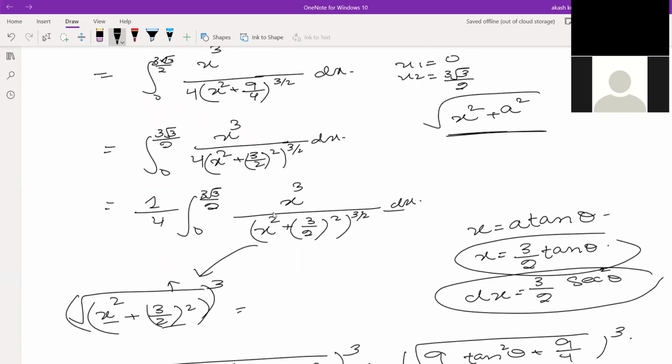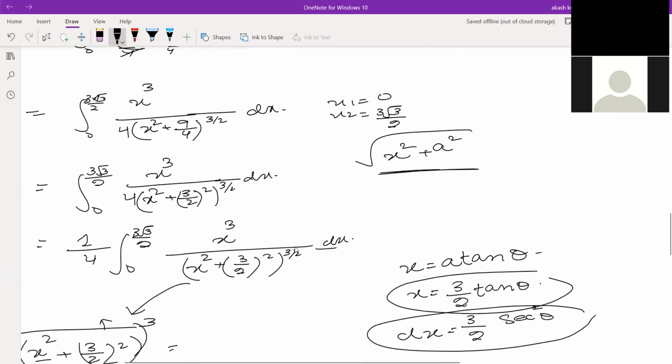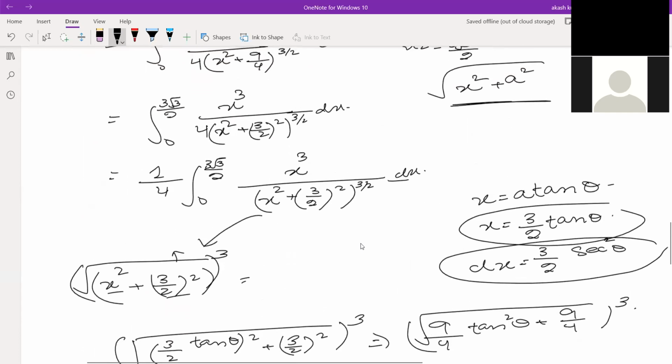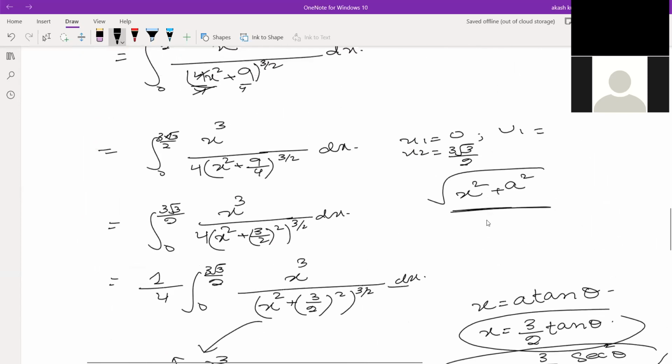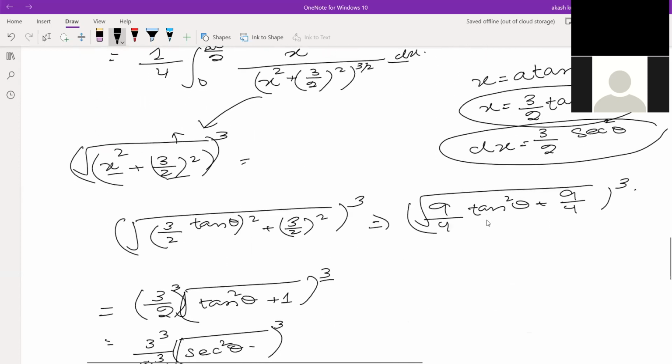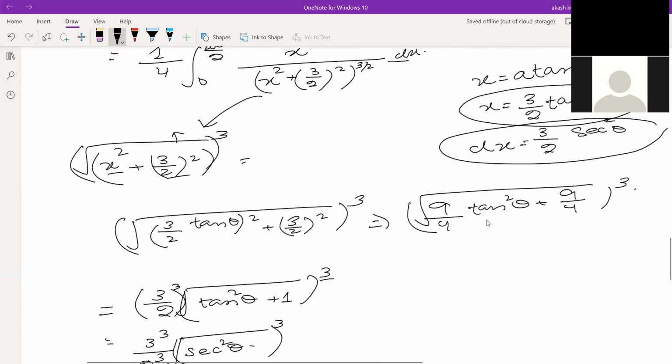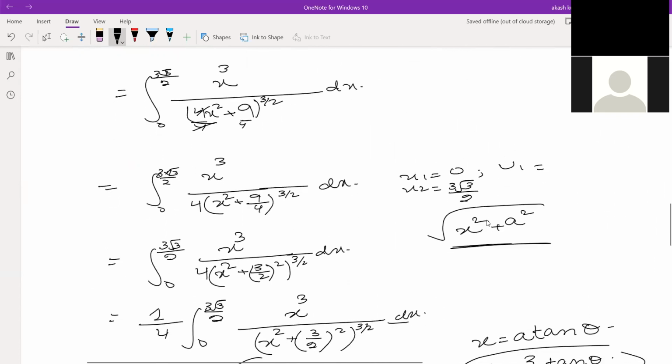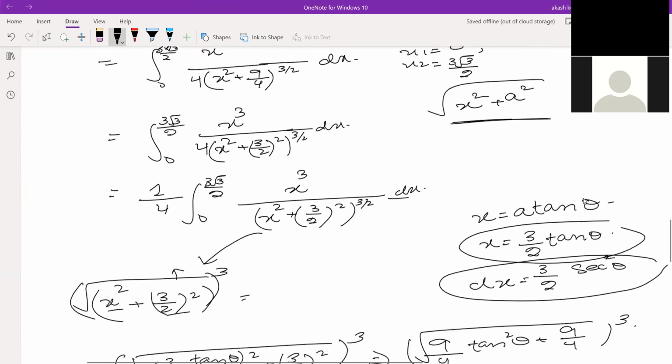But now we need our limits in theta form, because we are now converting everything into theta.